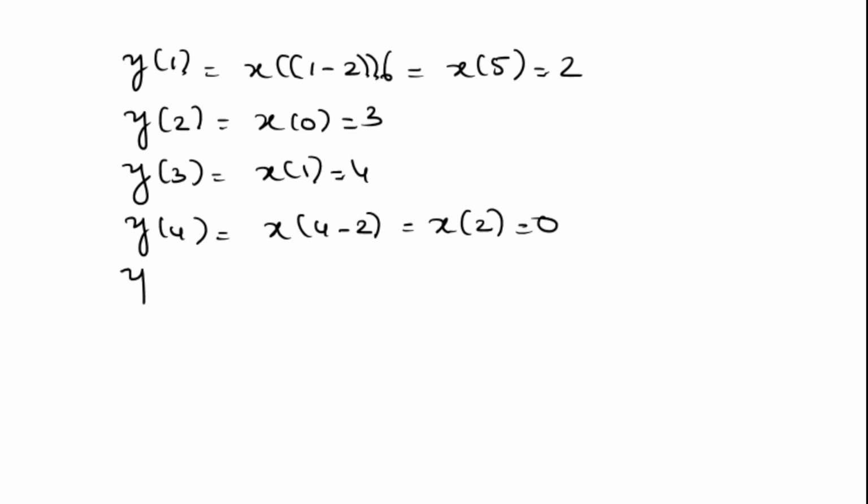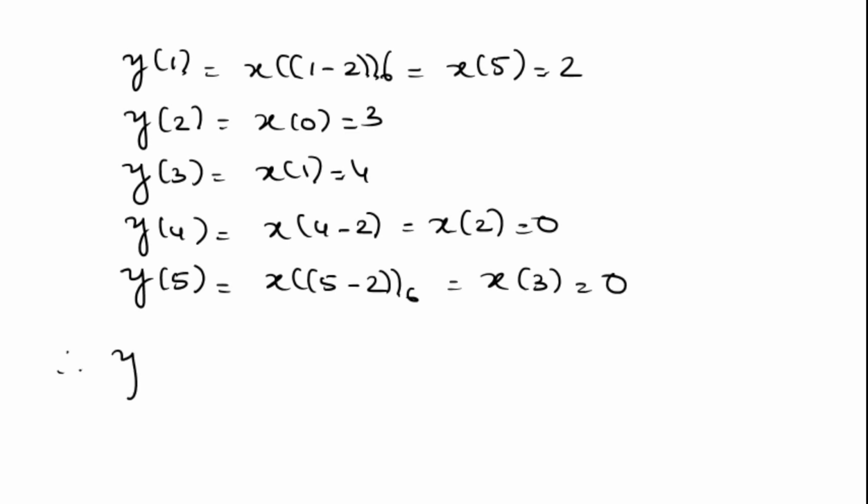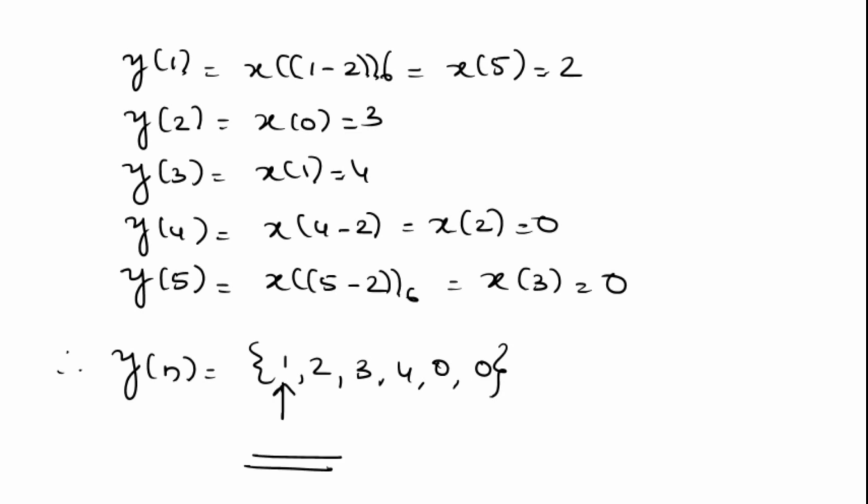And y of 5 is equal to x of 5 minus 2 of 6, which is x of 3, equal to 0. Therefore, y of n is equal to 1, 2, 3, 4, 0, 0. This is the required answer.